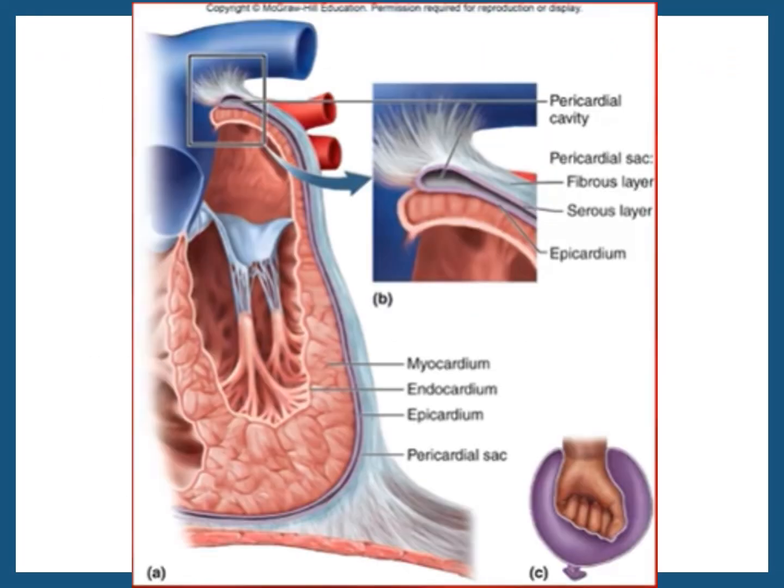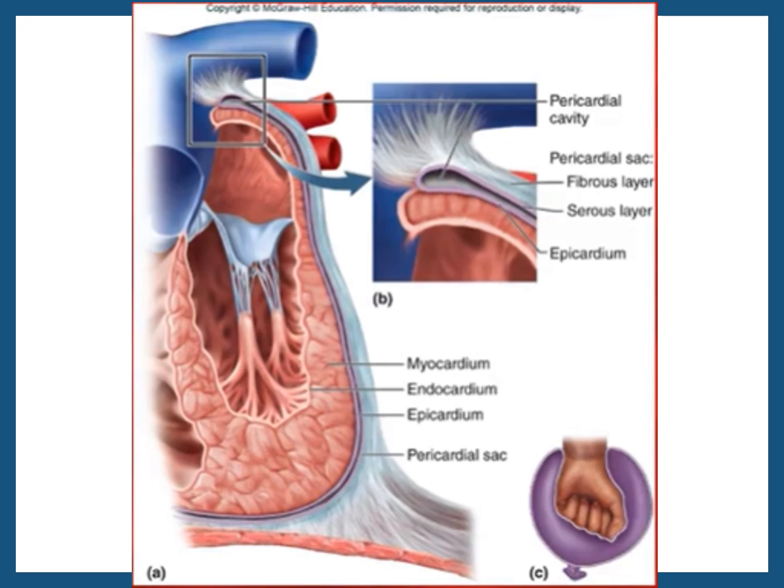So notice when looking at the pericardium, we said it was the visceral pericardium, and then the same layer is now labeled as the epicardium. So now this diagram that we just had is labeled as the epicardium.